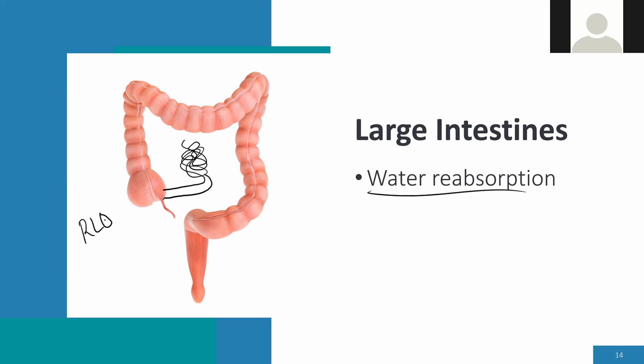in our right lower quadrant here, right? The right lower quadrant here. And that's where we have our appendix, that little tail that dangles off from the large intestine there.